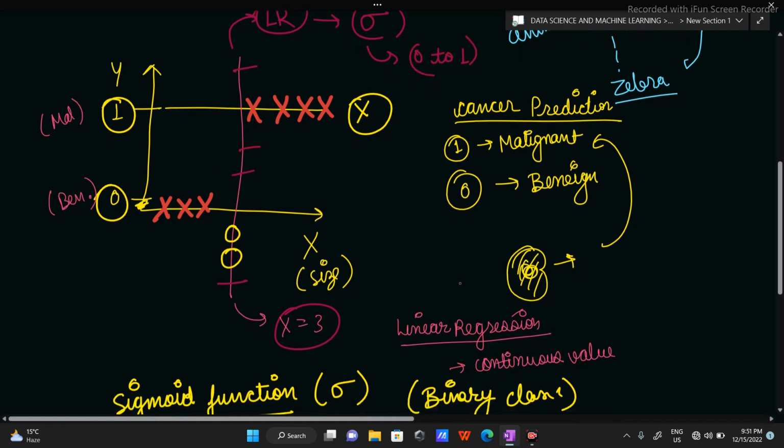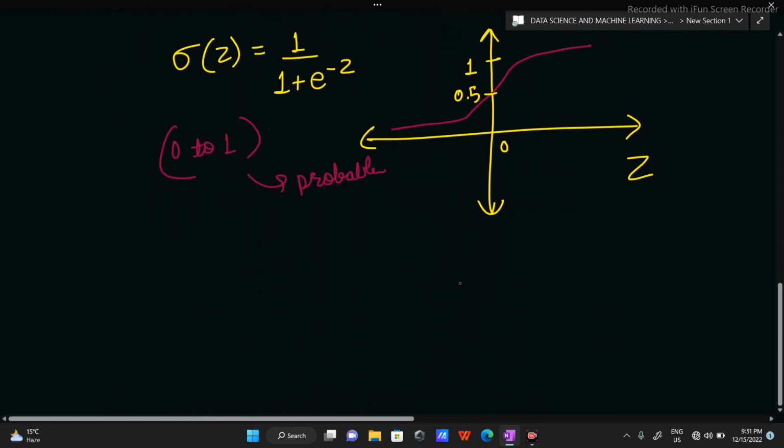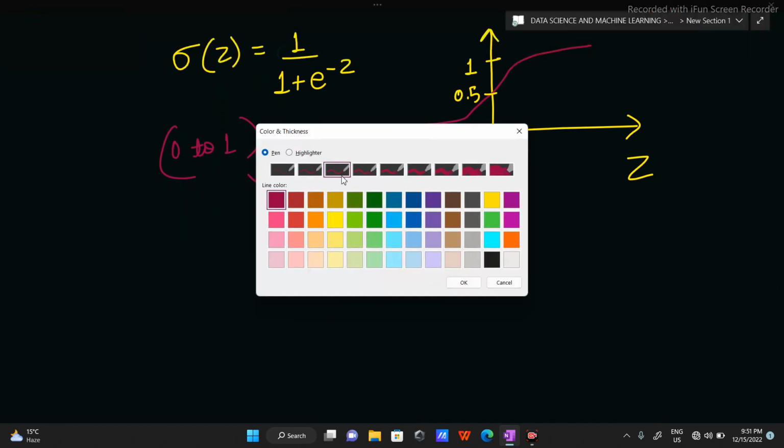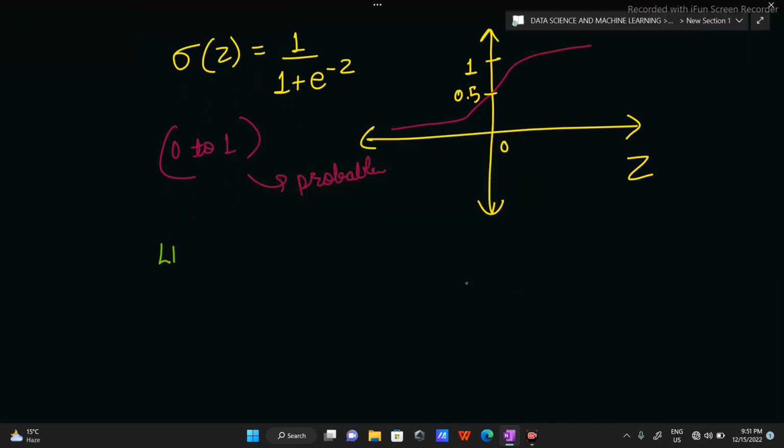Now, what I can do is simplify it a bit further. See, linear regression gave me a continuous value, and sigmoid shrinks it down from 0 to 1. Yet these values are continuous in the range of 0 to 1.